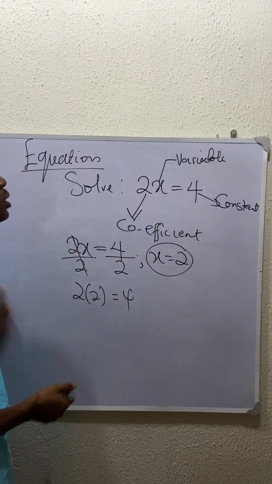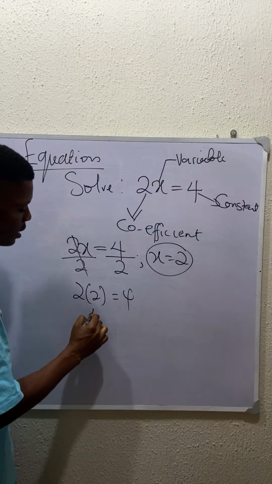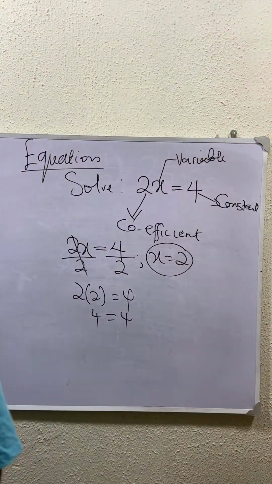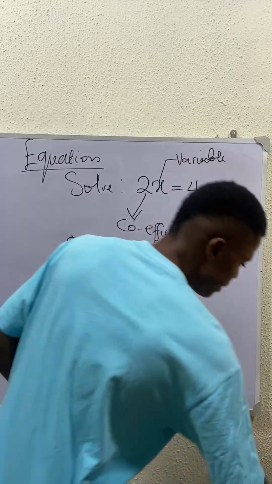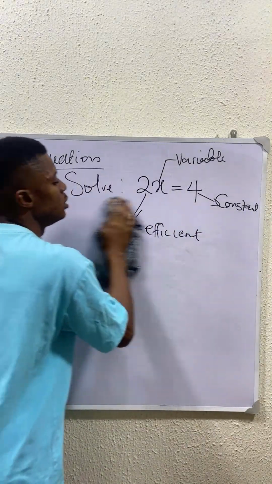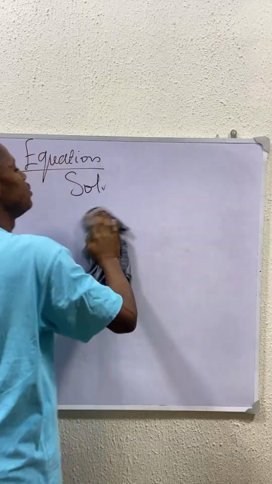Since 2 times 2 is 4, that means your answer is right, because the left-hand side and the right-hand side are now equal. So this is how we solve simple equations. It is very, very easy to do. We are trying to know the value of x that can satisfy a given problem.